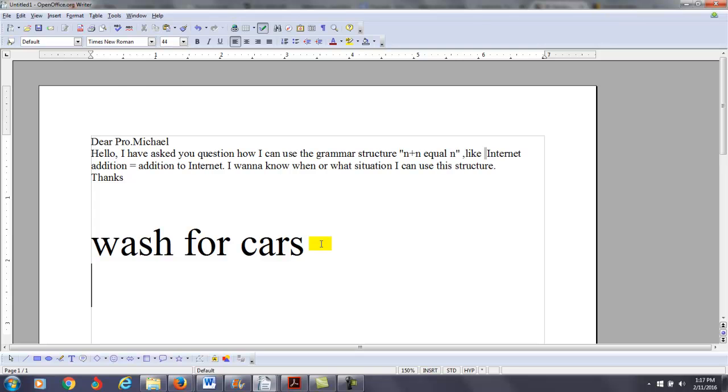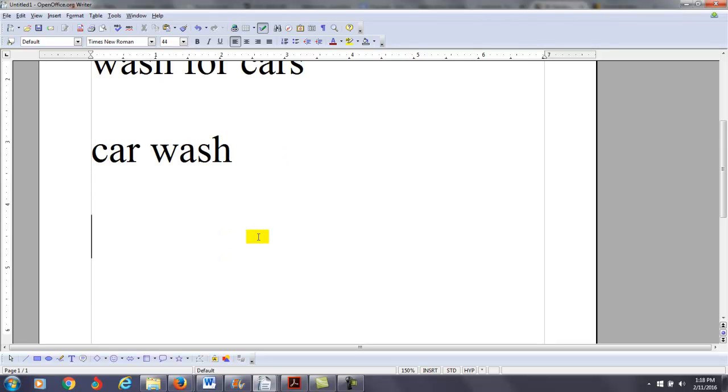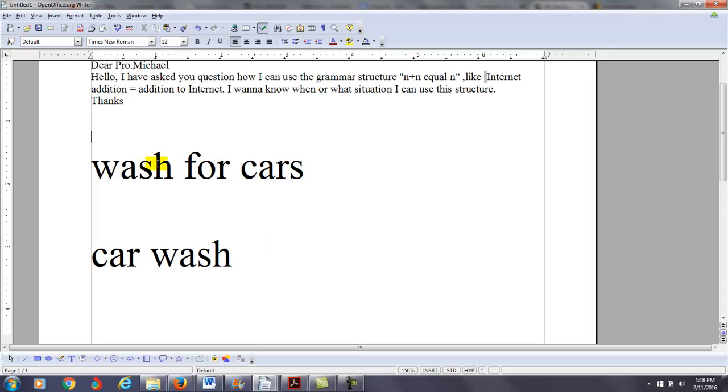So we can say car wash instead of wash for cars. You see what I'm saying? If you can delete the preposition, and put this word before the other noun and it seems to make sense, then you're definitely using a noun as an adjective that occurs before another noun.